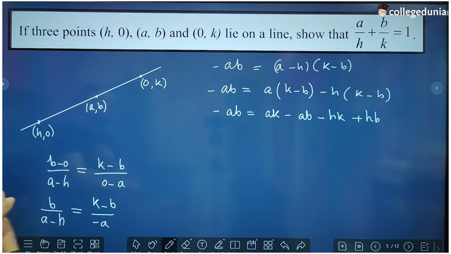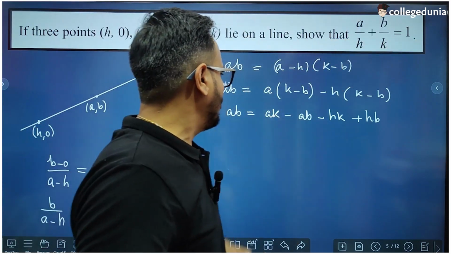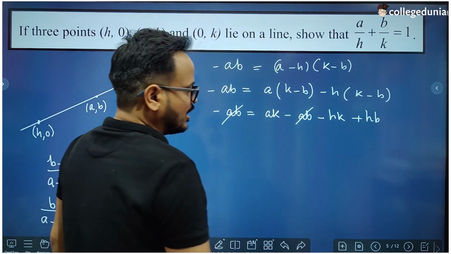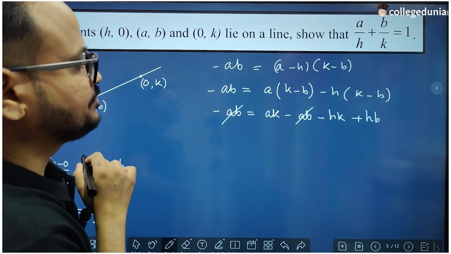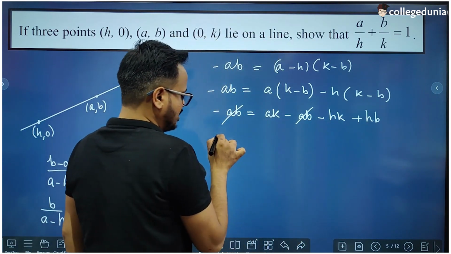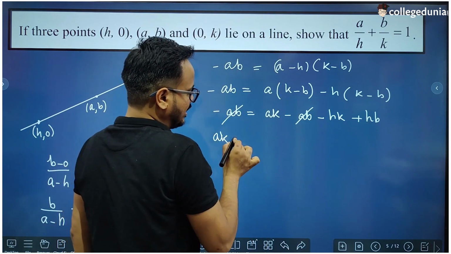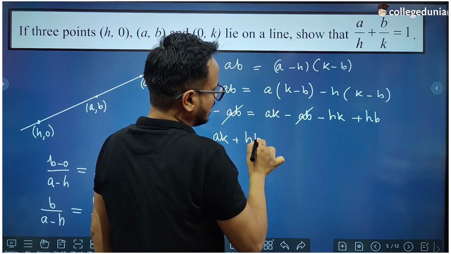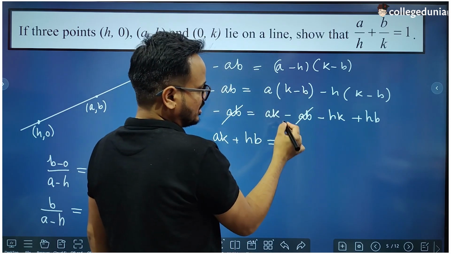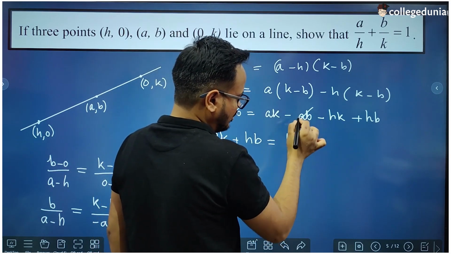Okay, we have to prove that a by h plus b by k equal to 1. So this ab and ab cancelled out, and we can write ak plus hb equal to, this is gone on the other side, so this becomes positive hk.